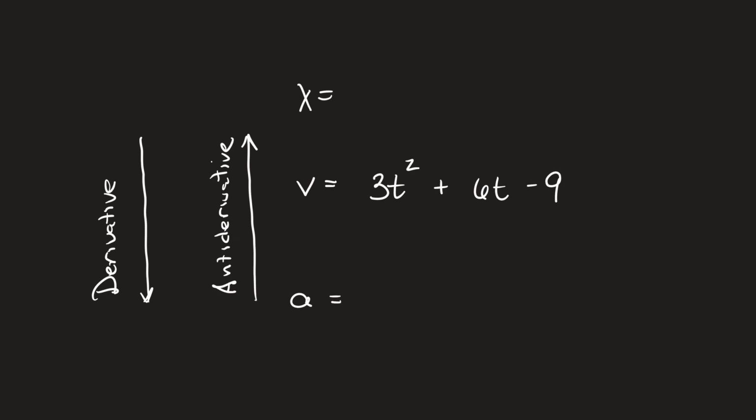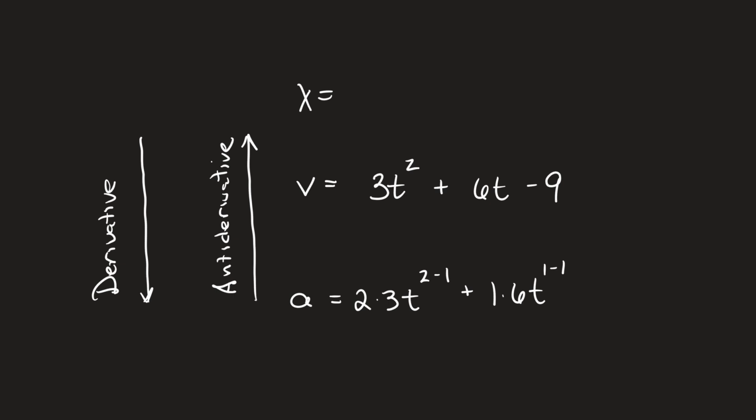I think it's easier. So bring the 2 down, subtract 1. Done with that one. All right, there's no number here, so there's a 1 there. Bring the 1 down. Subtract 1 from the exponent.